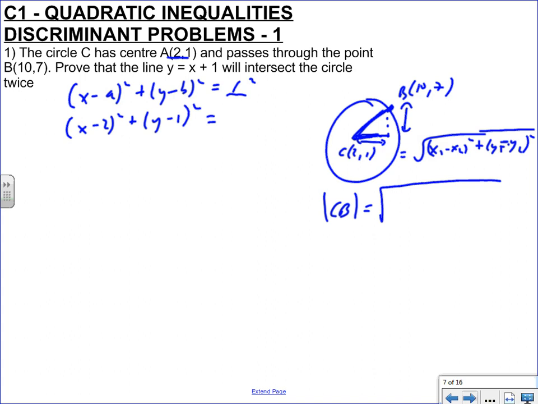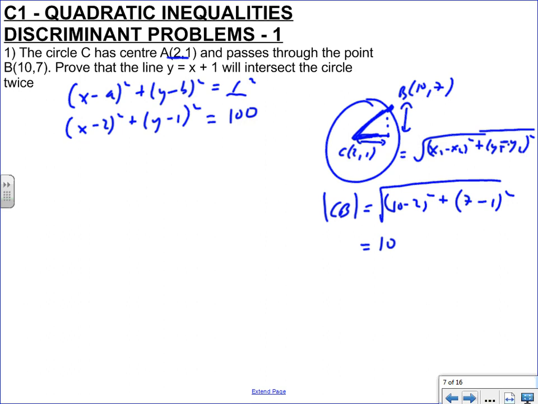So that distance there must be, because it's the x-coordinate 10, take 2 all squared plus, and now we've got our y-coordinate 7, take 1 all squared. So this must be 8 squared plus 6 squared. Sounds like 100 to me. So the square root of 100 gives me 10. So my radius is 10, so therefore r squared is 100. Now we've got our circle.